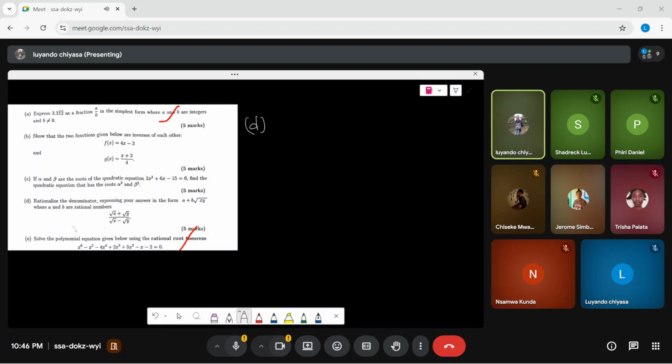Which question do you want to skip? Okay, D, rationalize. Yeah, we can skip, but I just learned the topic, so I'm cementing it, but you can skip this one.